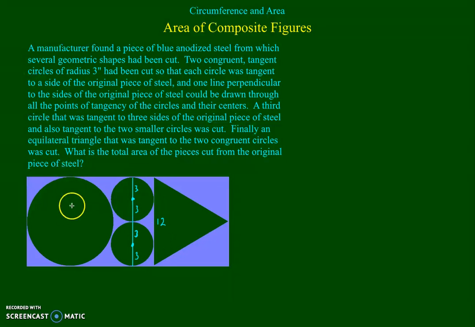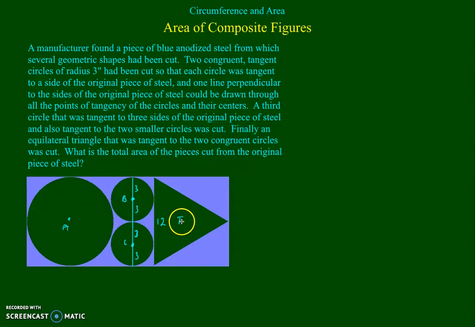And then we know that the diameter of this circle is also going to be 12 because it's tangent here and here. So the first part we can do is start off with the area of this one. Let's call this circle A, this circle B, circle C, and then this will be our triangle.